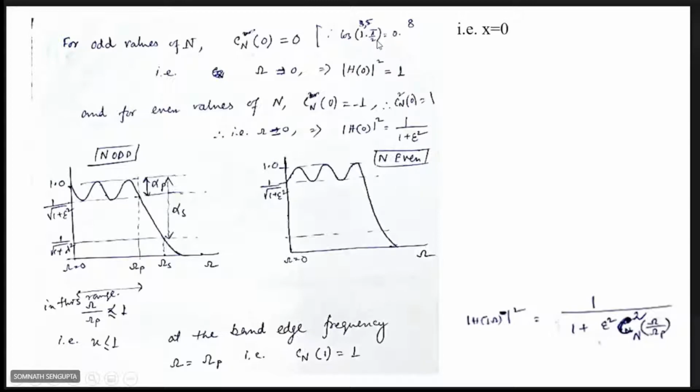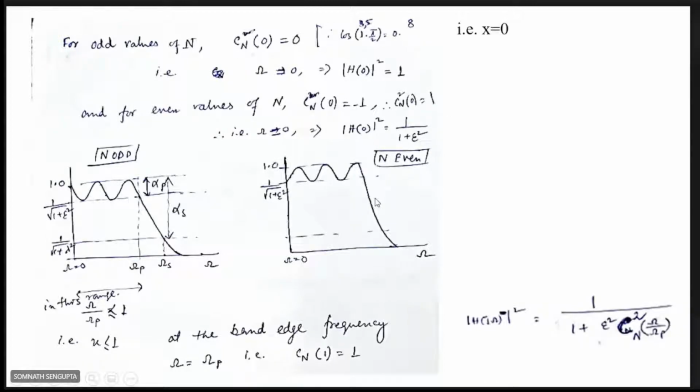So it is cos pi, cos 3 pi, like that. Cos pi means -1. So Cn(0) is -1.